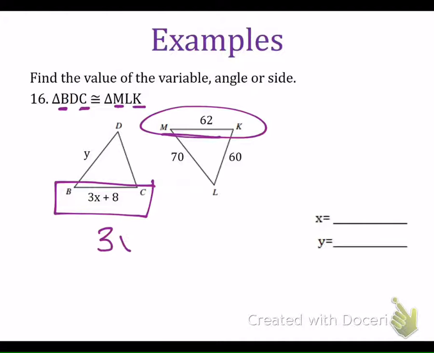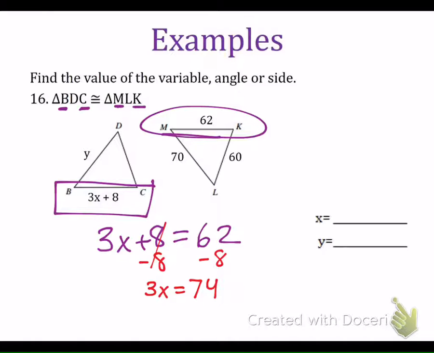So I'm going to put 3x plus 8 equal to 62, and then I'm going to solve. So subtract 8 from both sides. Somebody got a question. Oh, what is the answer? Oh, sorry. I don't know why I wrote it's 54.